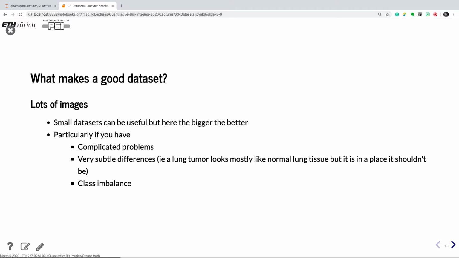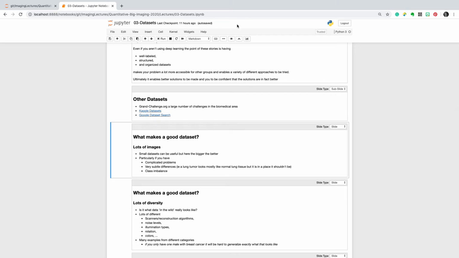Another problem where you need a lot of data is when you have class imbalance. I already mentioned class imbalance before.